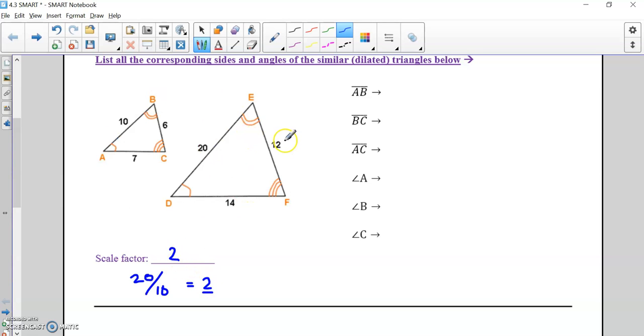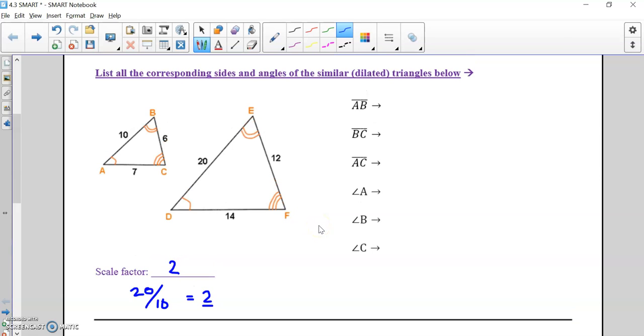You could have used any side pair. You could have said 12 divided by 6. You could have said 14 divided by 7. Okay, and that is you subconsciously matching corresponding sides, right? Because side AB, right here, corresponds with side DE in this triangle. Okay, so I'm going to write DE.